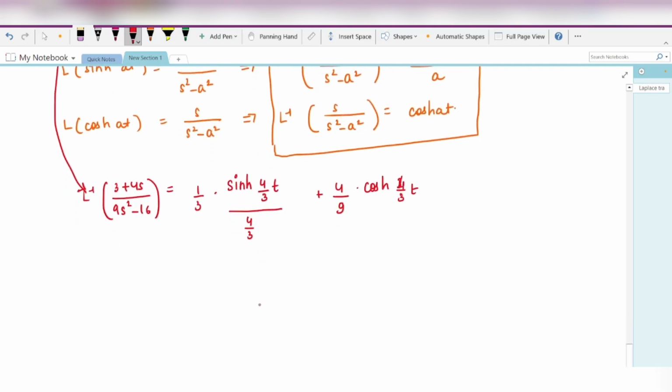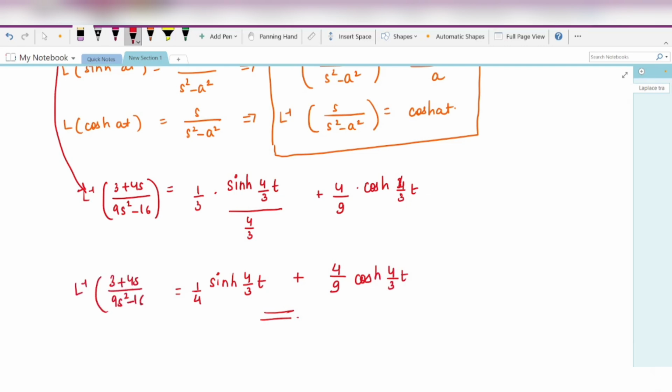So therefore, as a result, we have, sorry, 1 by 4. Yes, here we will be having 1 by 4. So 1 by 4 sinh 4 by 3 t plus 4 by 9 cosh 4 by 3 t. Alright, so this is the Laplace inverse of 3 plus 4s by 9s square minus 16.